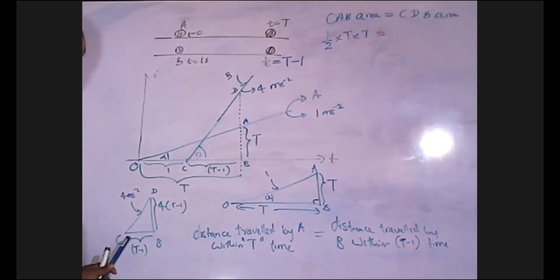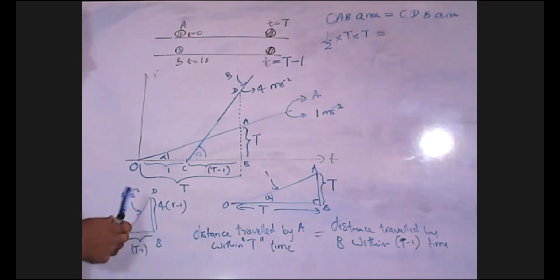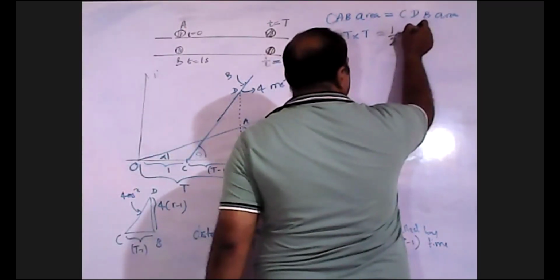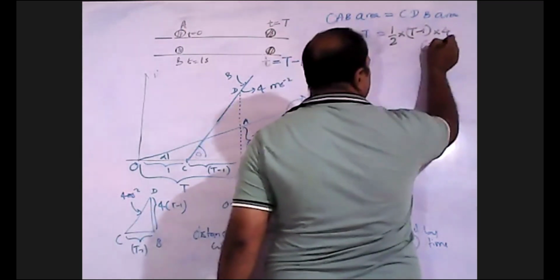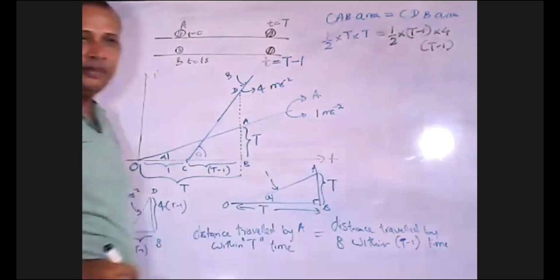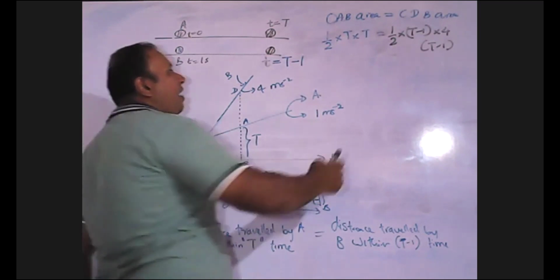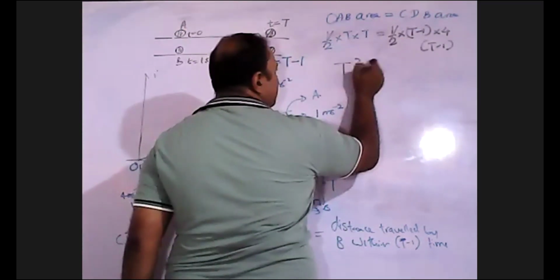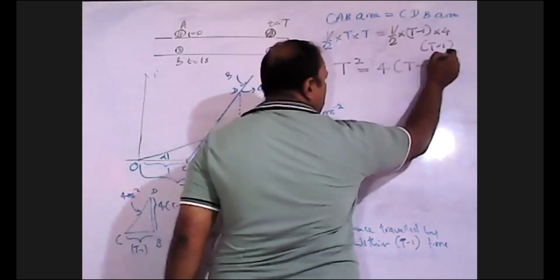CDB area means you can clearly see the base is T minus 1, and the height is 4 times T minus 1. So half into T minus 1 into 4 times T minus 1. Half to half will be cancelled out. T squared is equal to 4 times (T minus 1) squared.